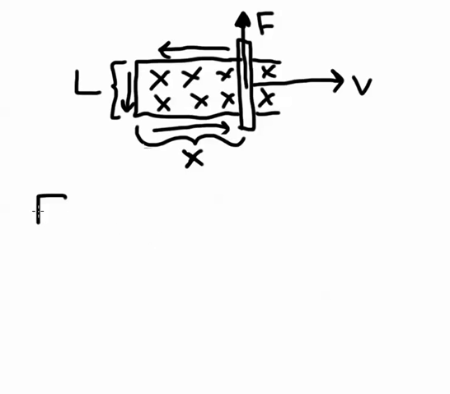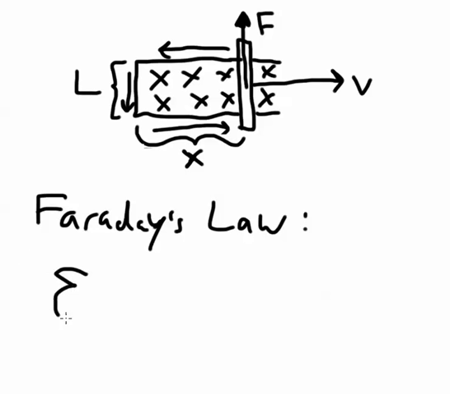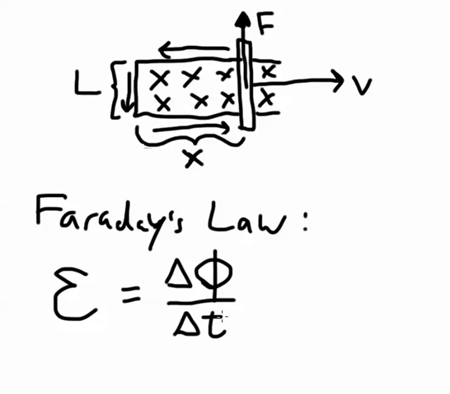So what we're left with is Faraday's law. It says that the EMF, which is like the potential difference across the bar, except it comes from the magnetic field rather than from the electric field, is equal to the change in flux per unit time. How fast is the flux changing?